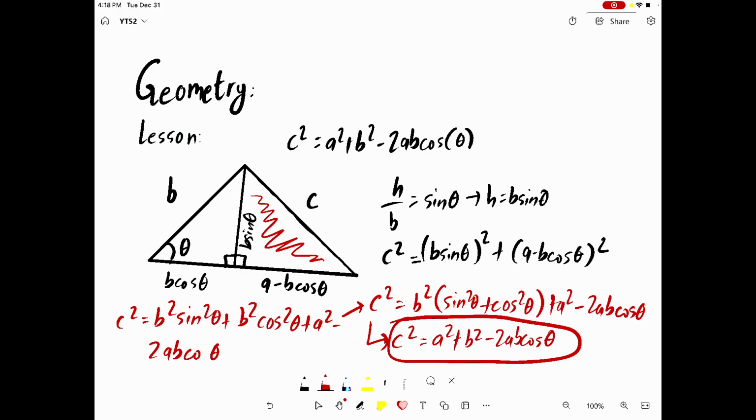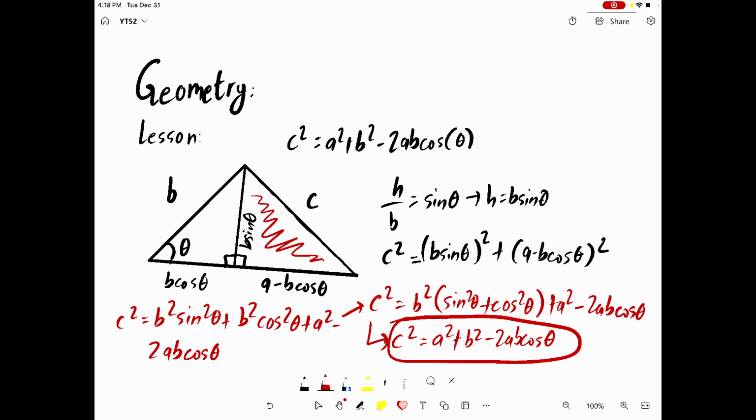Alright, so that's after doing all the math. We're going to start at the very last, c squared. After simplifying the Pythagorean theorem, we get c squared is equal to b squared sine squared theta plus b squared cosine squared theta plus a squared minus 2ab cosine theta, which is just the doing of the Pythagorean theorem.